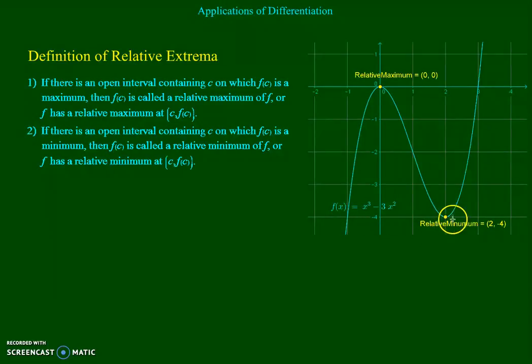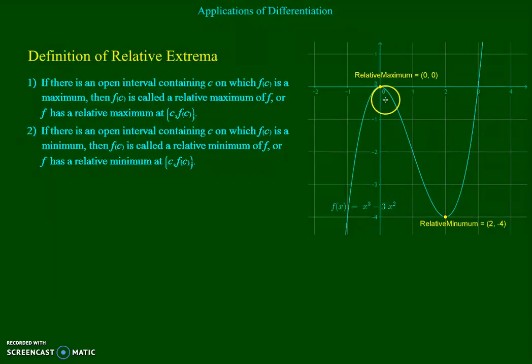Likewise, this would be a relative minimum, and a relative minimum is if there is an open interval containing c on which f of c, this point, is a minimum, then f of c is called a relative minimum. So we can define relative minimums in terms of open intervals, where before we had absolute maximums and minimums on a closed interval, which is what we were talking about with the extreme value theorem.